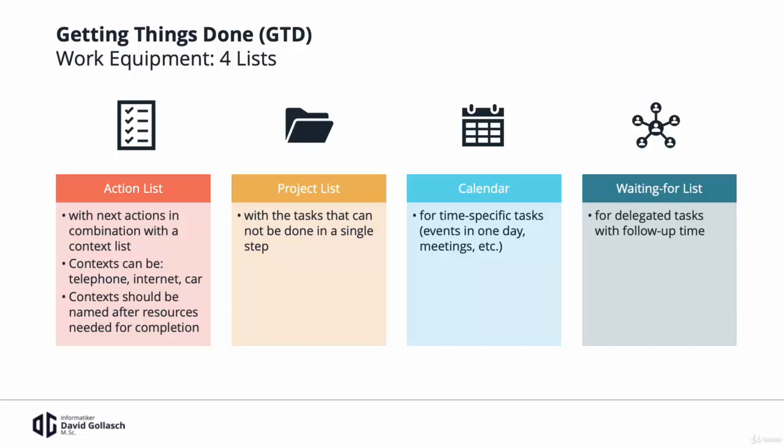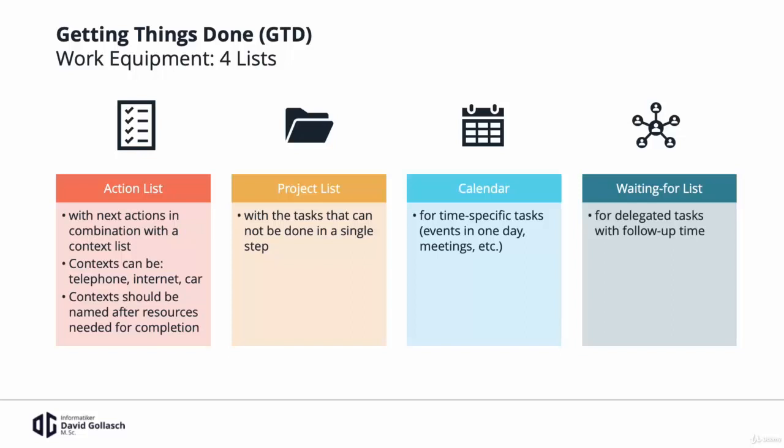So the context that you give here as a label really depends on your personal way of living. So where you would say, okay, these are the different areas or the different environments or the different contexts where you fulfill tasks, that would enable you to bundle several tasks that you can do in the same context.